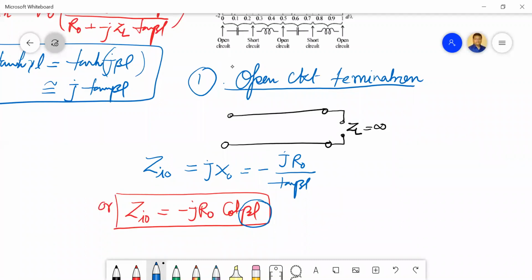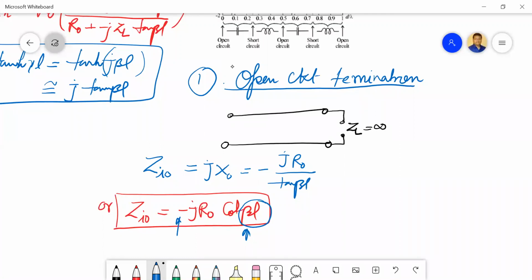Now based on this value, because we know cot beta L, when the argument is 0 or 90 degrees, what will happen? Based on that the sign will change. And when the sign changes, we can recall j omega L and 1 upon j omega C. If we compare these terms, it will provide us the capacitance or inductance.